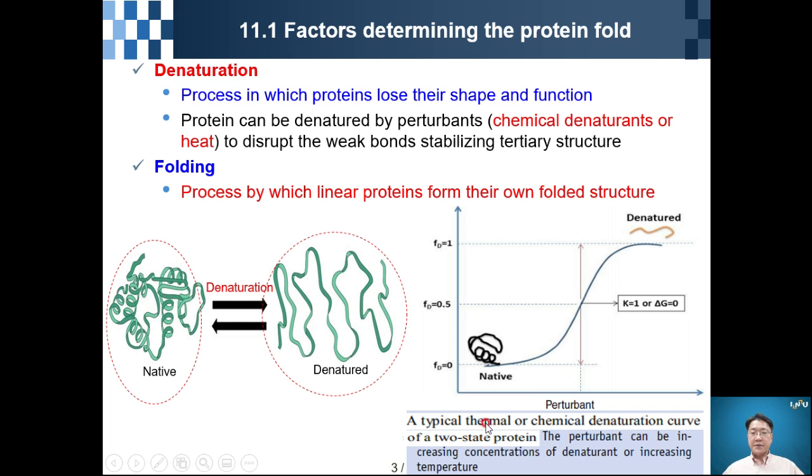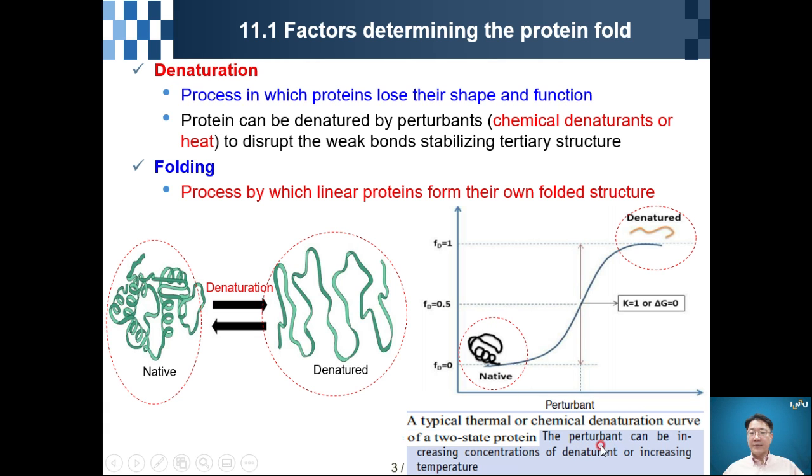Okay, so this is the graph, a typical thermal or chemical denaturation curve of a two-state protein. One state is native, the other state is denatured. The x-axis is perturbant. Protein can be denatured by perturbant. Perturbant can be a chemical denaturant or heat to disrupt the weak bonds stabilizing tertiary structure.